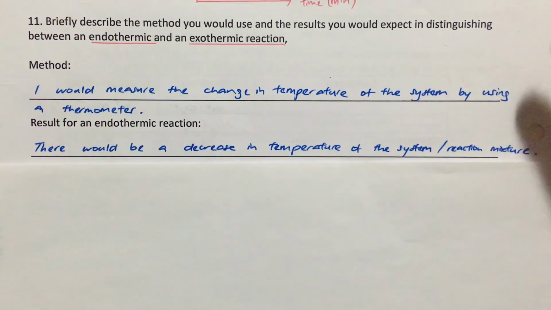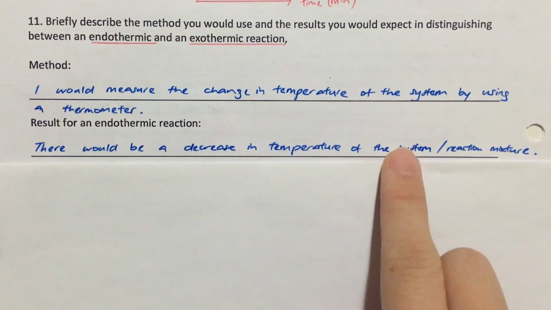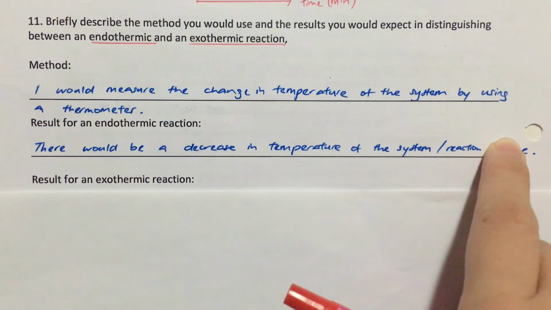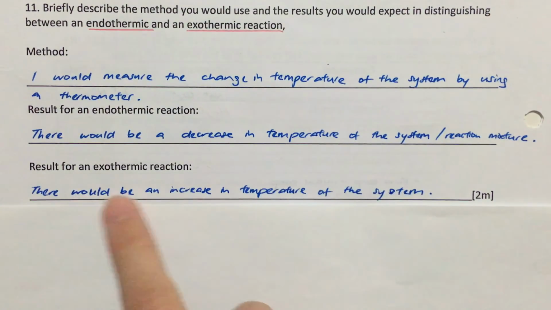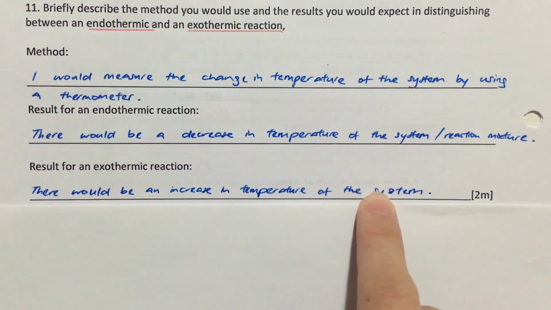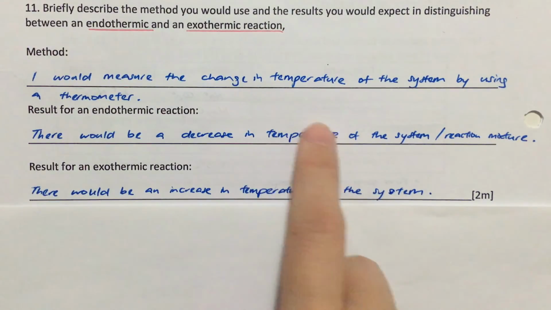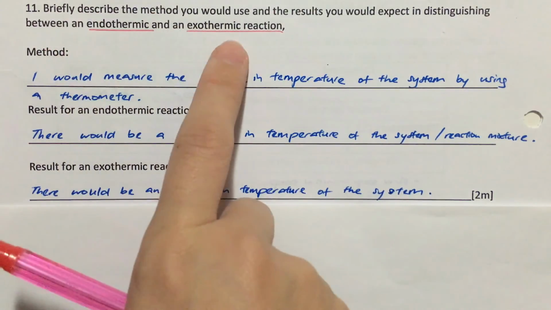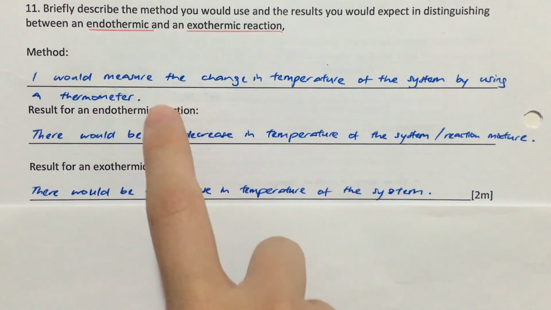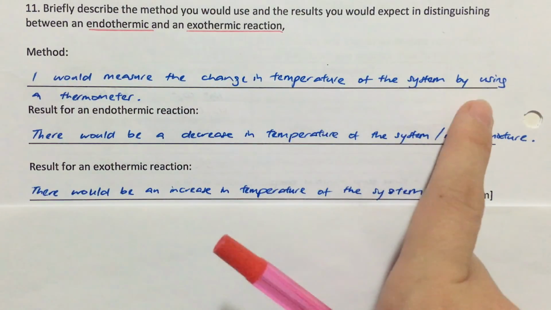There will be a decrease in temperature of the system or reaction mixture. And for an exothermic reaction, there will be an increase in temperature. So based on whether the temperature decreased or increased, we can tell whether it is endo or exo. So we measure that change in temperature using a thermometer.